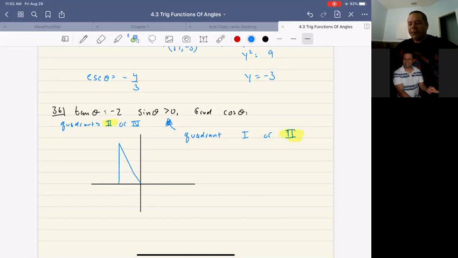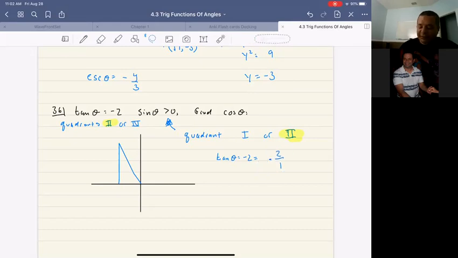So one way to think about tangent of theta being -2 is to think of it as being 2 over 1, and there's a negative sign in front.